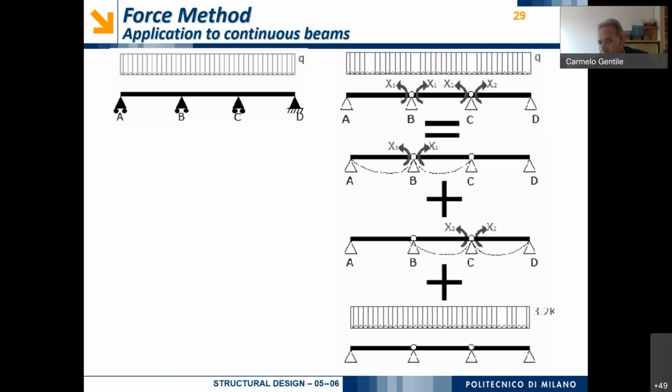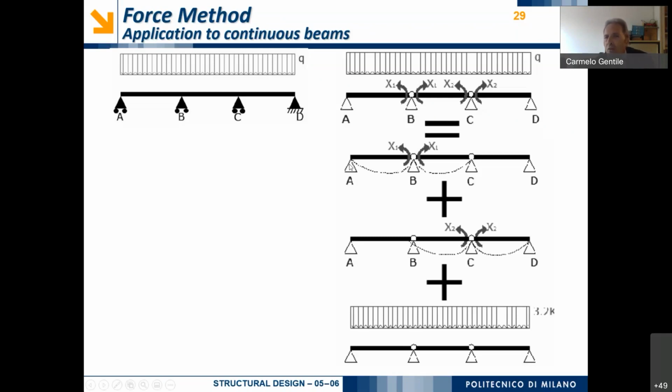Perfect. So once we have done so, as usual in the application of the force method, but we have also seen this kind of application in the case of the elastic curve, basically we apply the superposition principle.